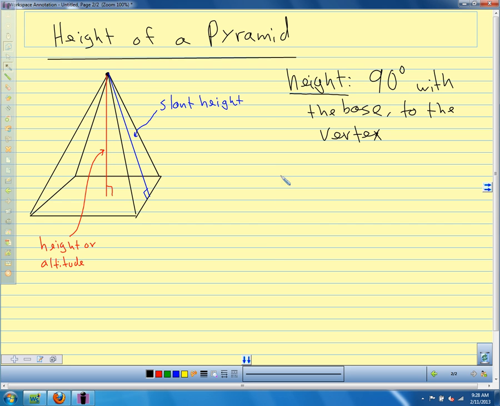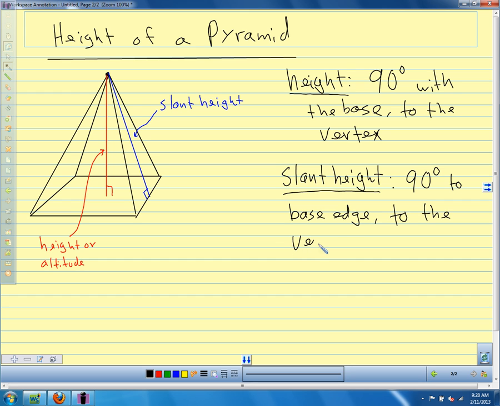The slant height goes at a 90-degree angle to the base edge, up the middle of the side to the vertex. So our slant height goes along the side of the pyramid.